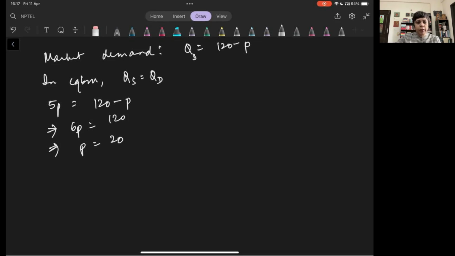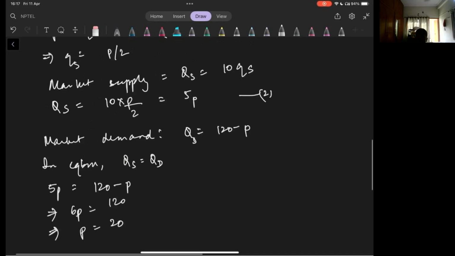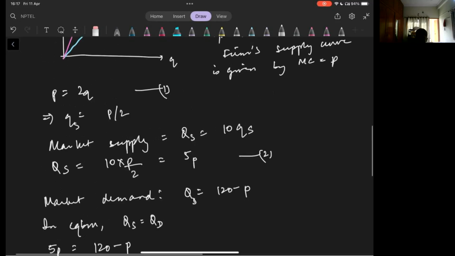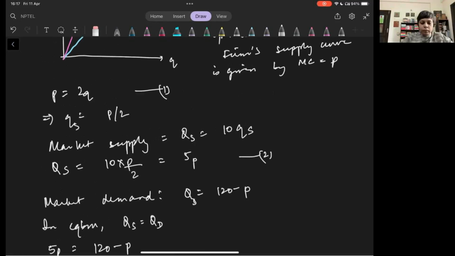Let me just check if I have made any mistake. Madam, we go back a couple of steps to see how we arrived at QS equal to 10 into P by 2. How will you arrive at QS? What is QS? Capital QS. Market supply.